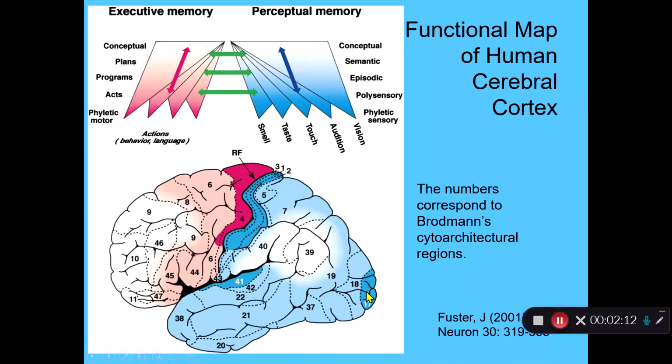It's involved in sensing the simplest visual features, which are basically spots of light. The primary somatosensory cortex here, this part of the parietal lobe, is involved with sensing the simplest touch perceptions. Primary auditory cortex is involved with sensing the simplest auditory inputs.